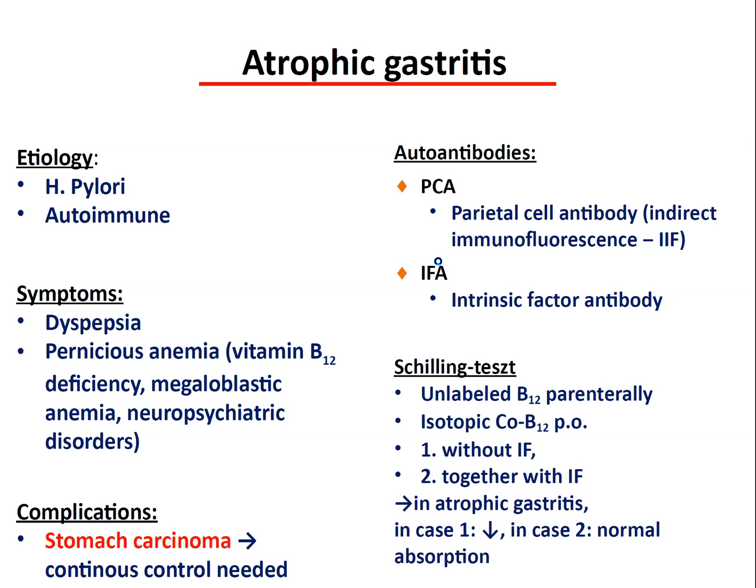Because you saturated the body by parenteral administration of B12, there is no B12 stored, and everything should be urinated out. However, if this excretion is less than 14%, next you give intrinsic factor. If the intrinsic factor normalizes the absorption, that's the diagnosis of pernicious anemia. So the intrinsic factor abnormality caused the disease.